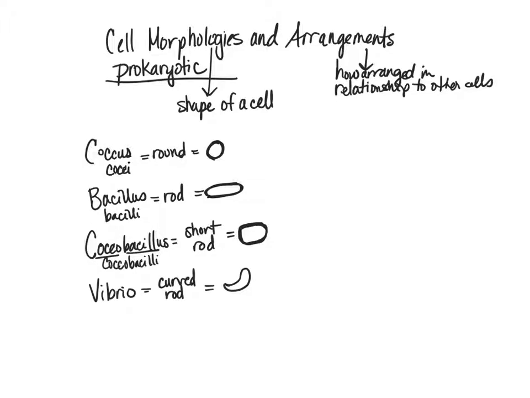So something like that, also called comma-shaped. Good. Then we have our kind of spiral types. So spirillum. Do you remember what spirillum looked like? Okay, so this one was the spiral.